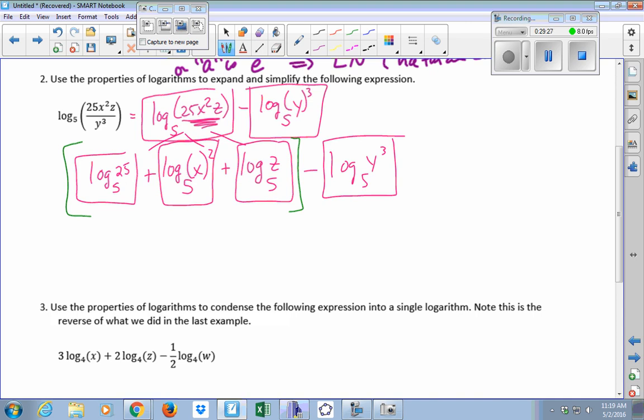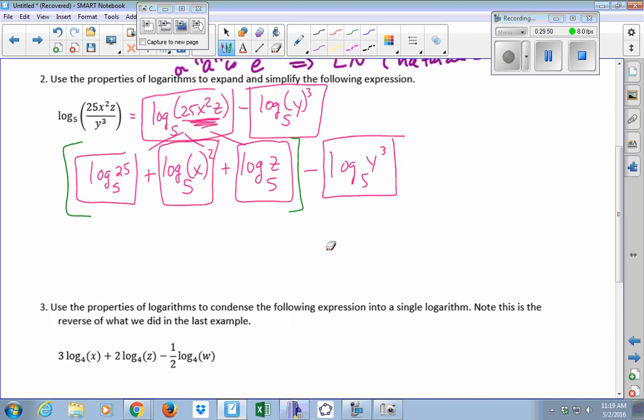Now the question is, is it possible for me to simplify any part of these individual terms? Well, yeah, because I haven't even finished simplifying this log and this log, because this is a power to a power. So I've got to use property 3 on this one. So let's identify the properties.